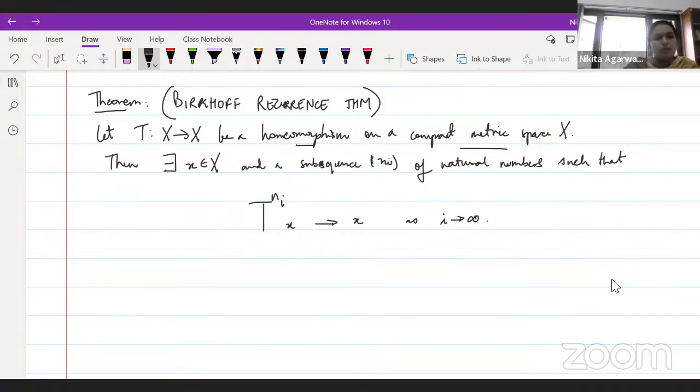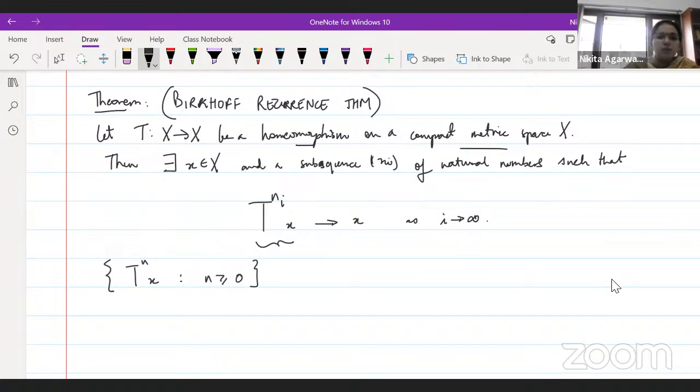Then there exists a point in the space and a subsequence of natural numbers such that if you iterate T n_i times as i varies, that goes to x. Now, what are these points? These points are part of the orbit of x, right? What was the orbit of x? The orbit of x was these points T^n x as n varies from 0 to infinity. You are taking a subsequence from here and you are saying that that subsequence converges to x.